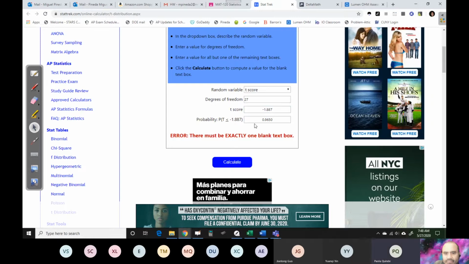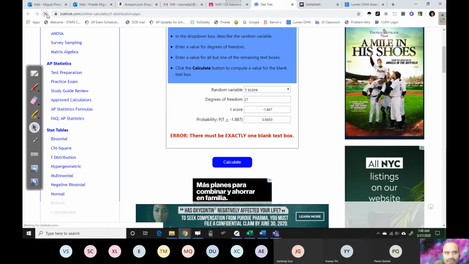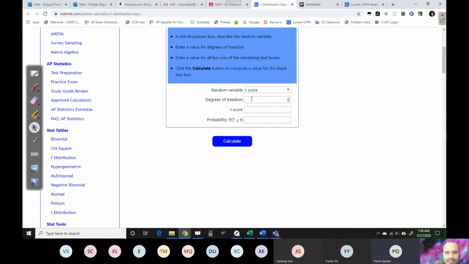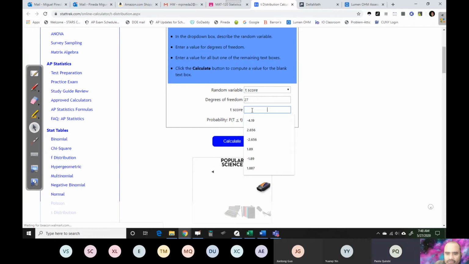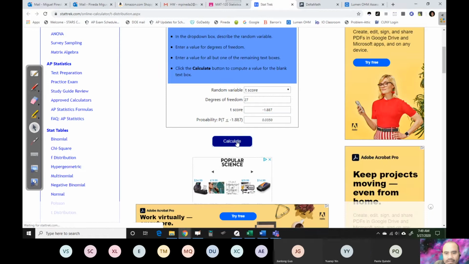So now we see, you have two ways. This one doesn't work when I do it again. So let's do it again. I'm sorry. 27, and the t-score will be minus 1.887. Let's see if it calculates it. Maybe it did calculate it, but I don't know if this is the right number.